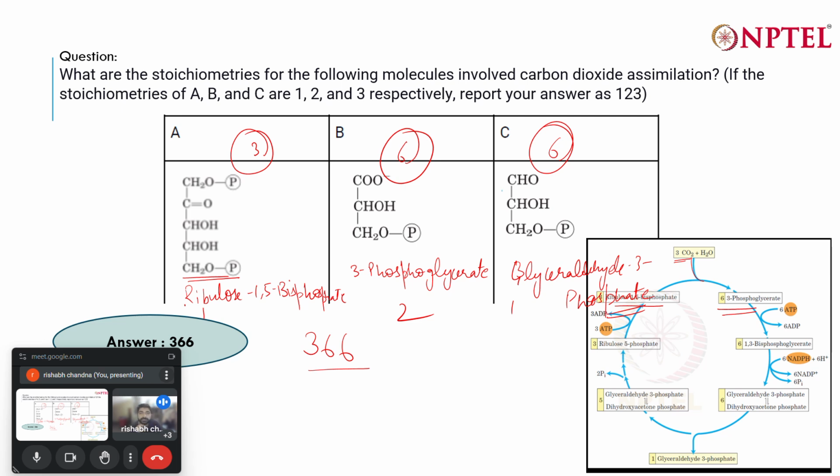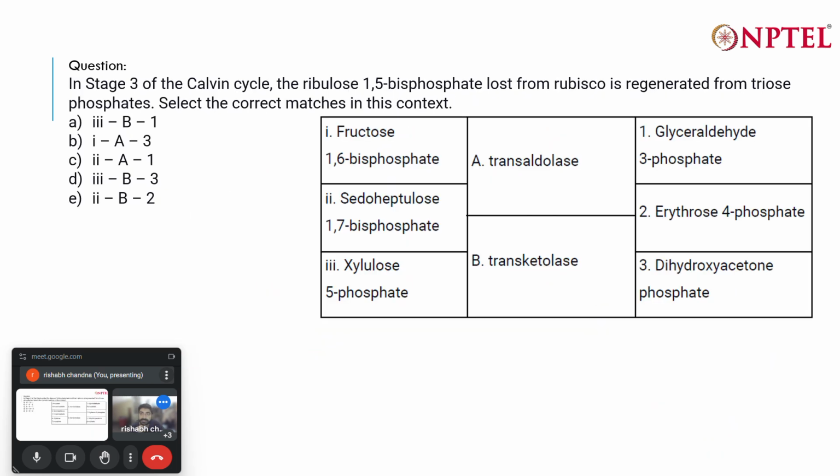Okay, so let's move on to the next question. In stage 3 of the Calvin cycle, where ribulose 1,5 biphosphate is regenerated from triose phosphate, we have to select the correct matches in this context. So what can be the correct answer?